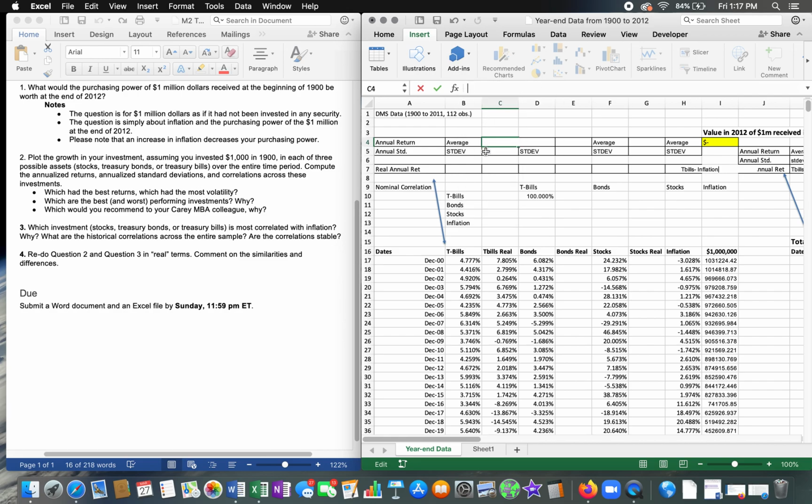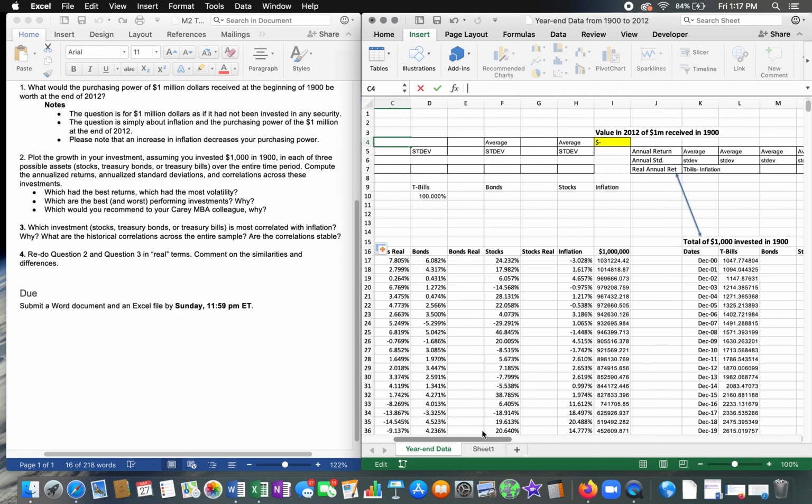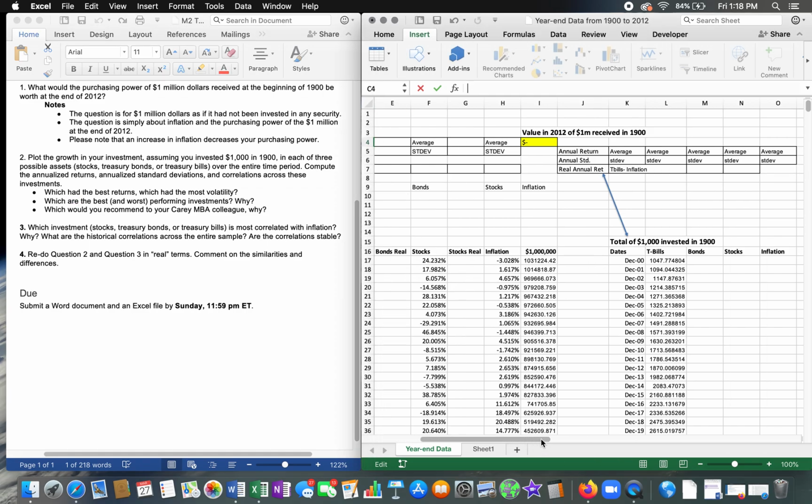And then do the average and standard deviation. All right, so that takes care of best returns, most volatility, and best and worst performing investments.